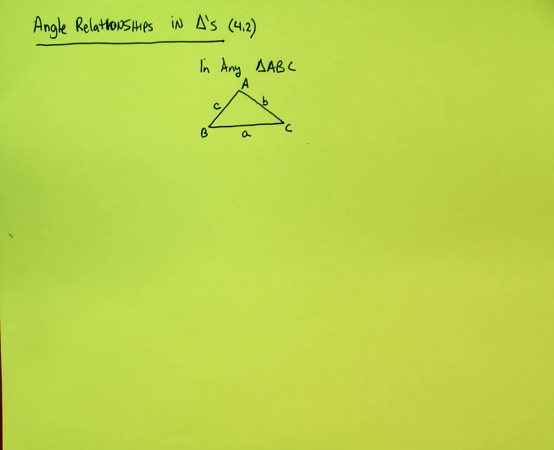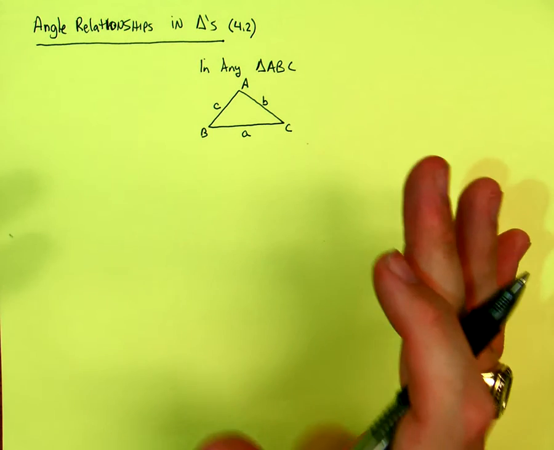In any triangle ABC, capital A, capital B, and capital C are your vertices, which means they're the names of the angles. But we're also going to throw in a little bit with some sides in it. So I'm just going to throw, like I said, a bunch of different things at you.